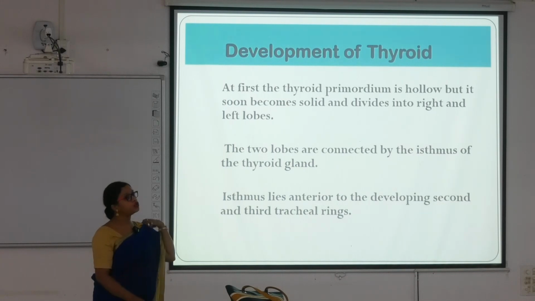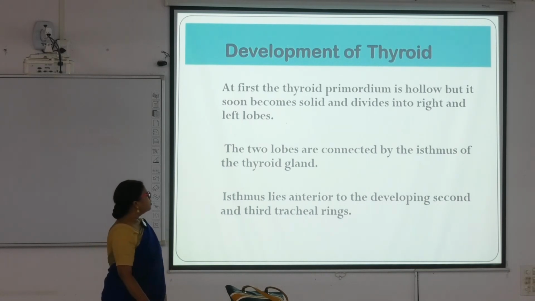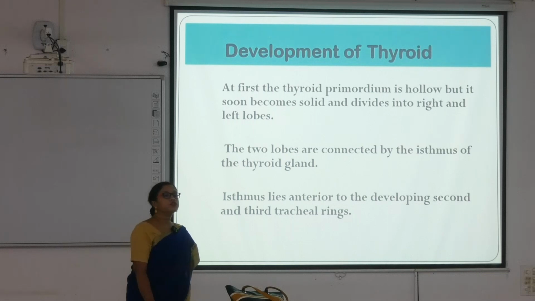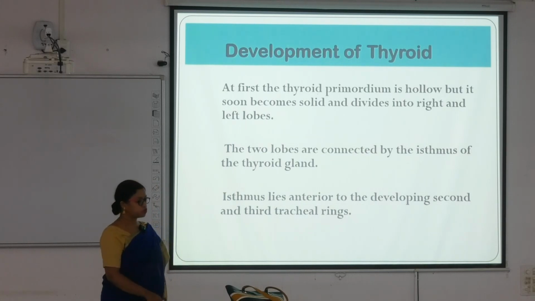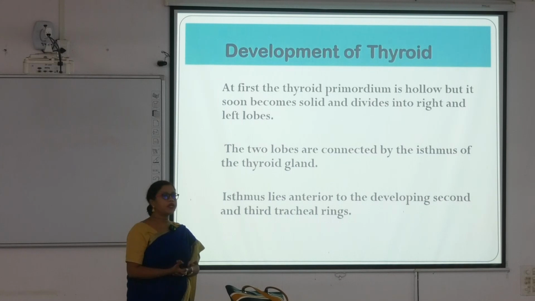At first it is a hollow tube, but soon it becomes solid and divides into right and left lobes, which are connected by, we all know, isthmus.